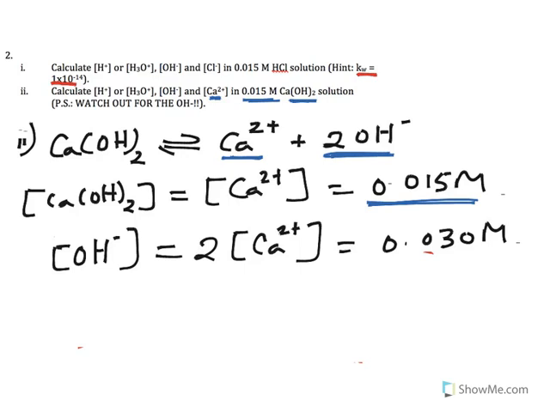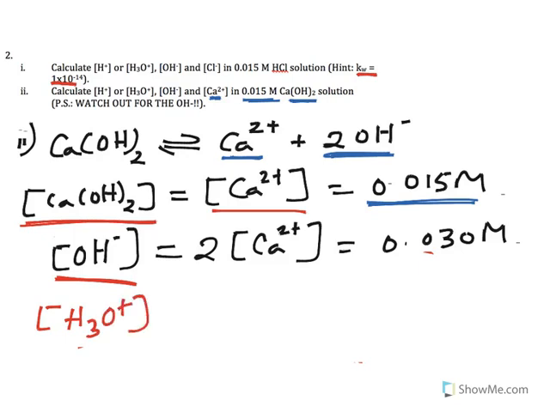This time, we have the concentration of calcium ions, we have the concentration of our hydroxide ions, we also have the concentration of CaOH2. The only thing that we have left to find is the concentration of H3O+ or H+ ions. Now, just like before, we are going to use the equilibrium constant for water.